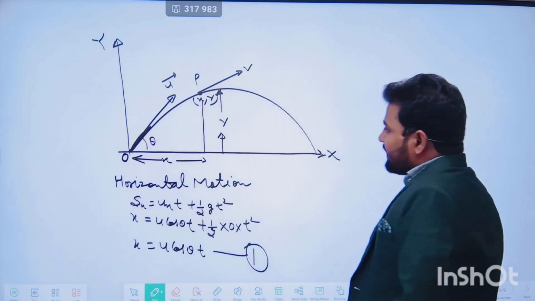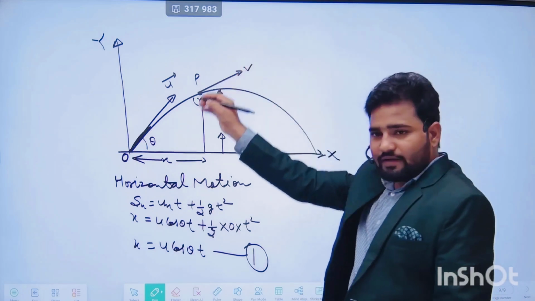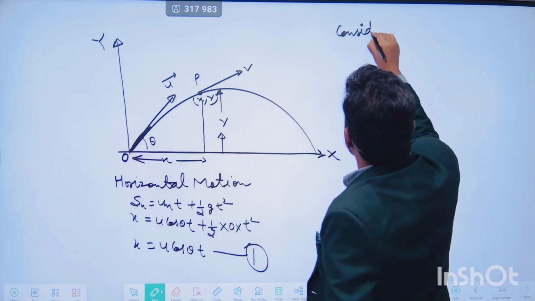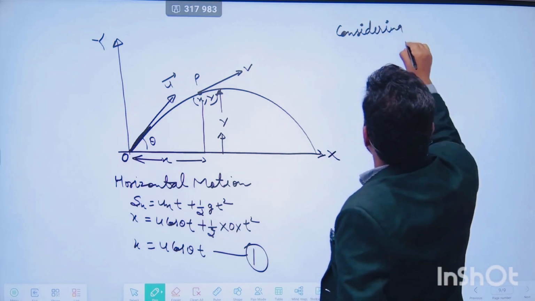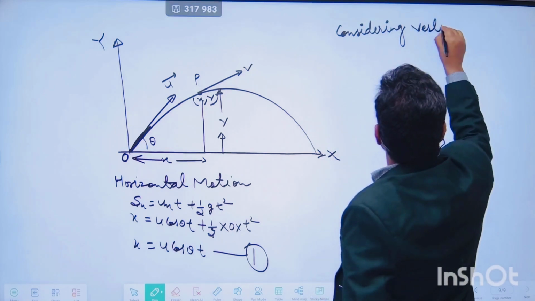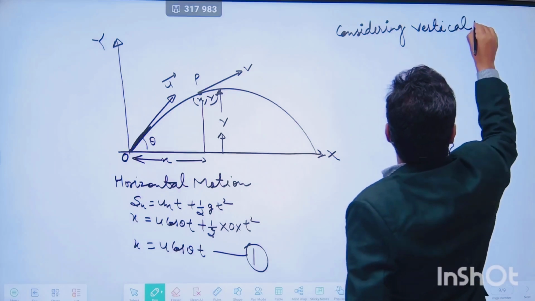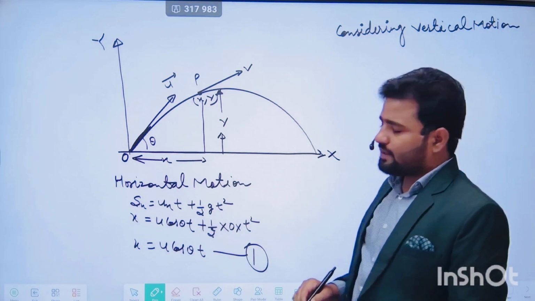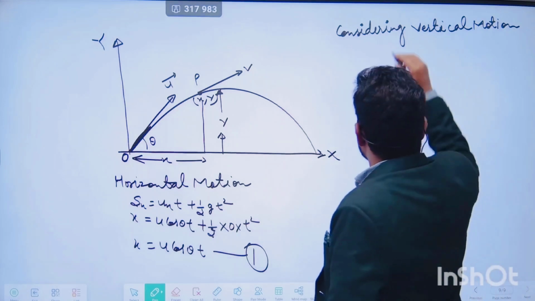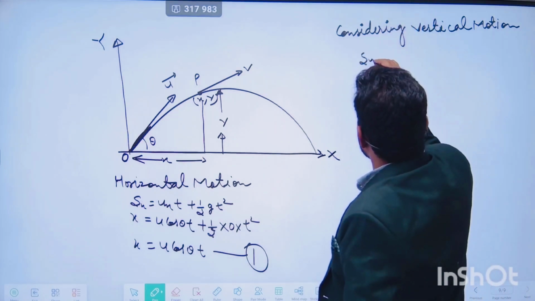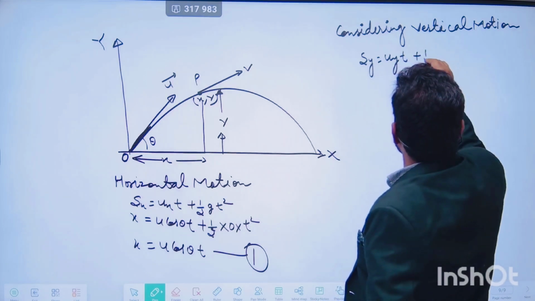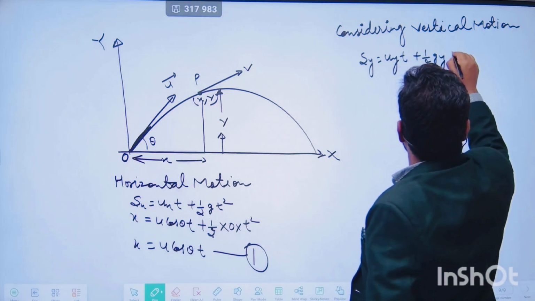Next, again, if we are considering the vertical motion, what will we get? Sy is equal to uy into t plus 1 by 2 ay into t square.